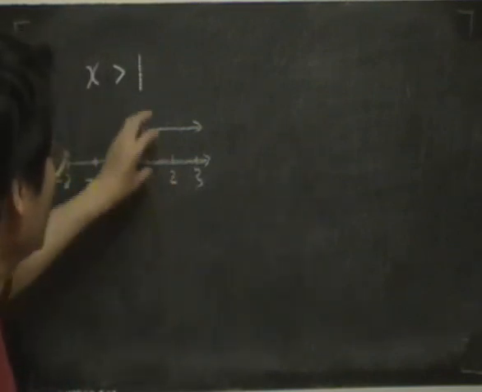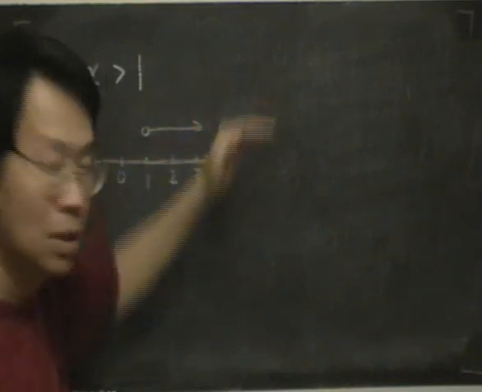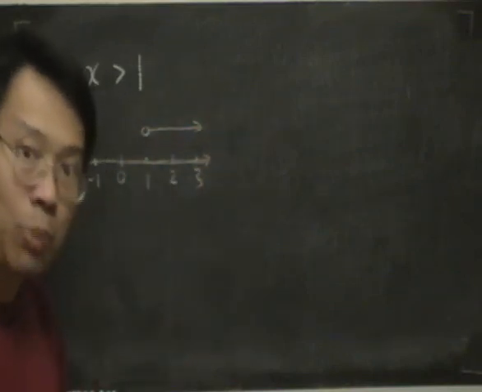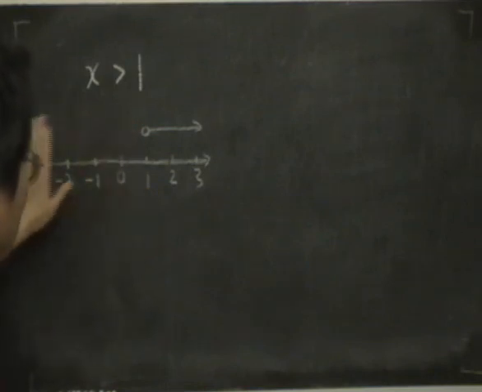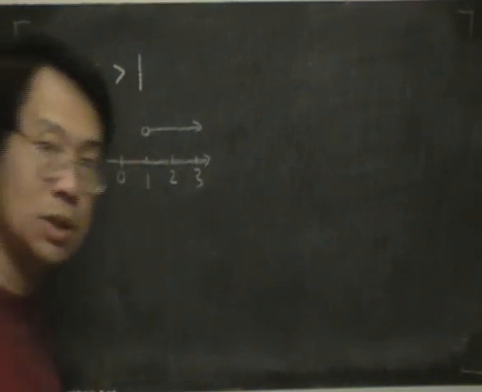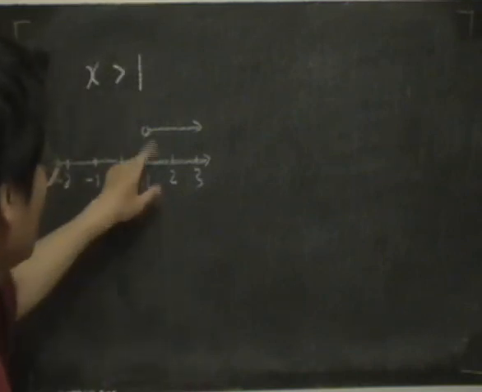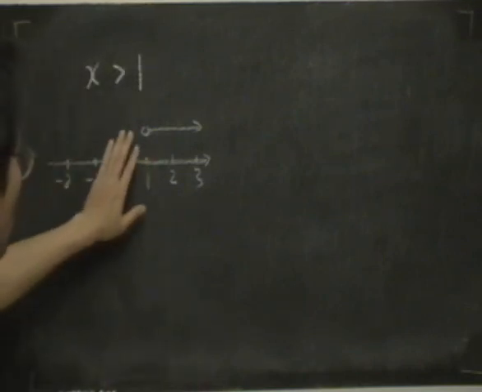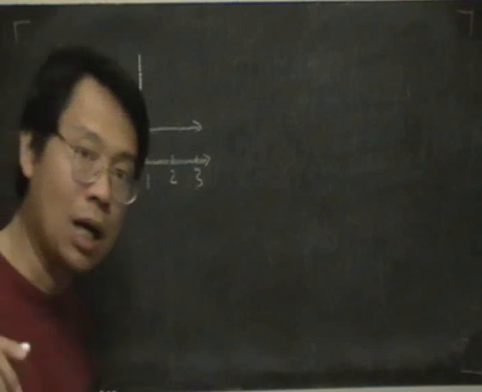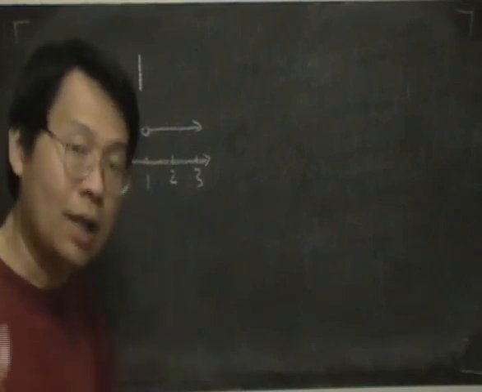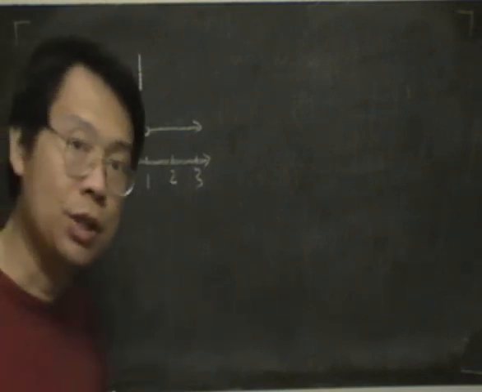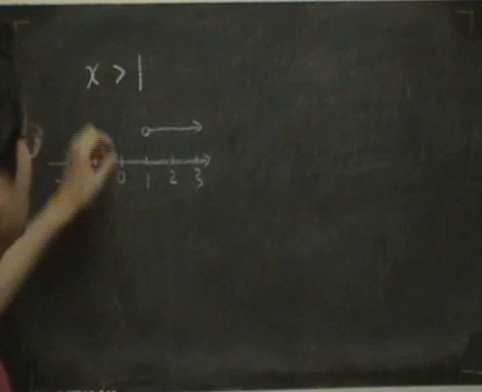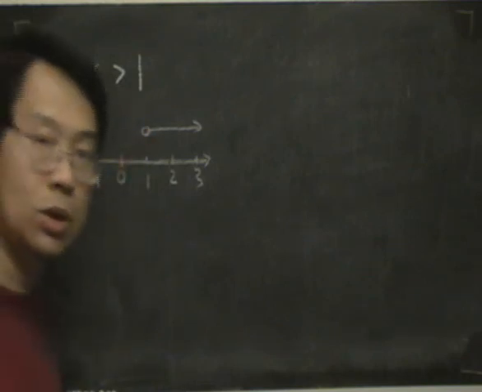All the numbers covered by this line are possible values of x, but all the numbers that are not covered by the line, that means to the other side of the little circle, all these numbers to the left, cannot be x. So in this way, I have a picture that tells me the same thing as the inequality.